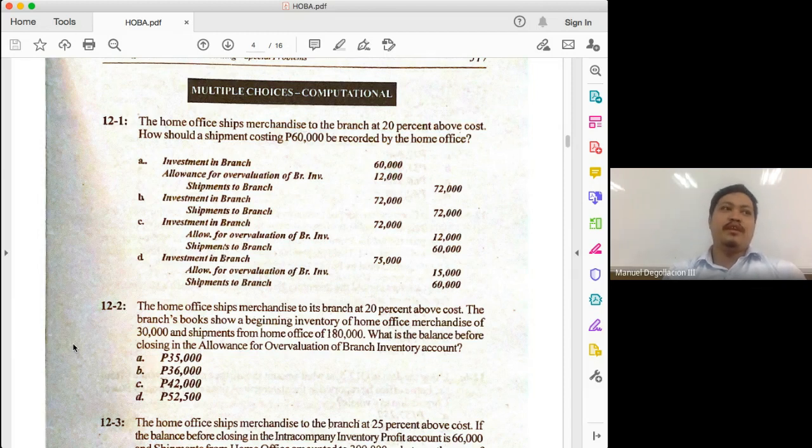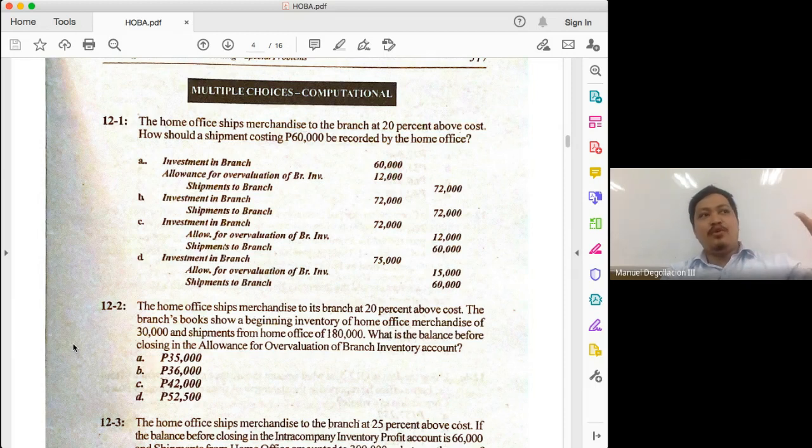So even if the branch income as reported by the branch is low, that will not be a big problem as far as the home office is concerned because the home office knows that the profit of the branch is understated. Why? Because the home office has overstated the value of the inventories that are sent to the branch. Why do we say that the shipments by the home office will affect the income of the branch, class?